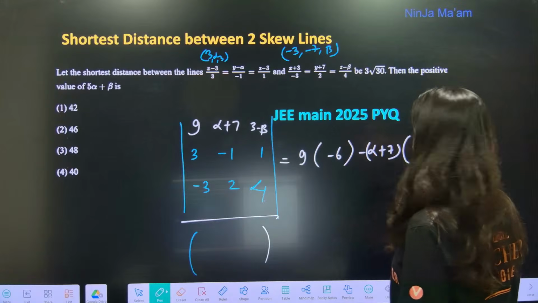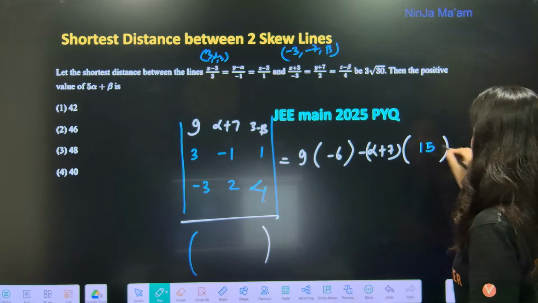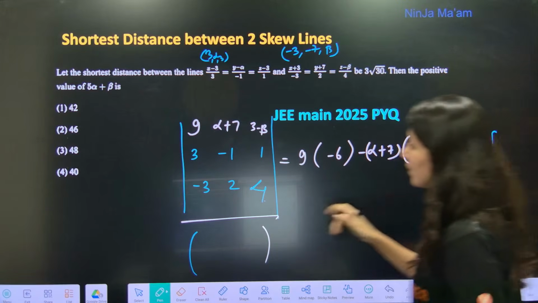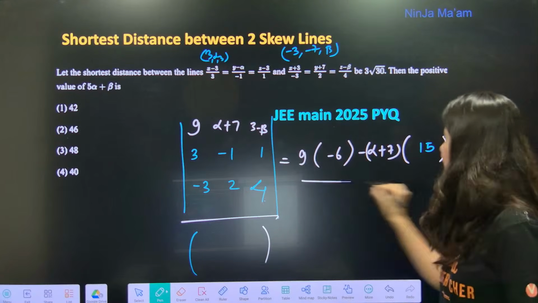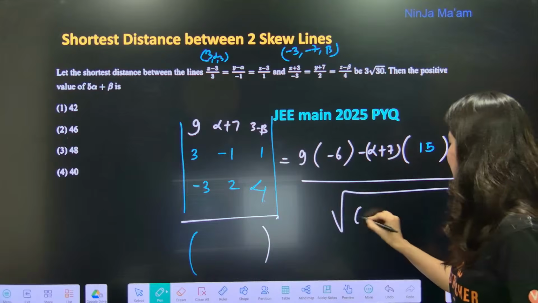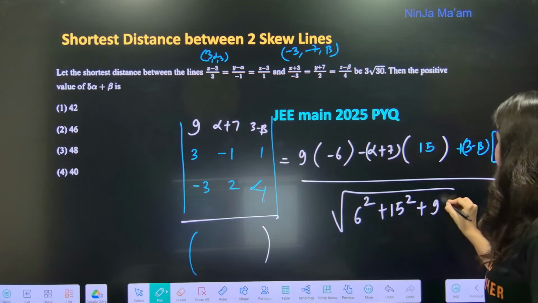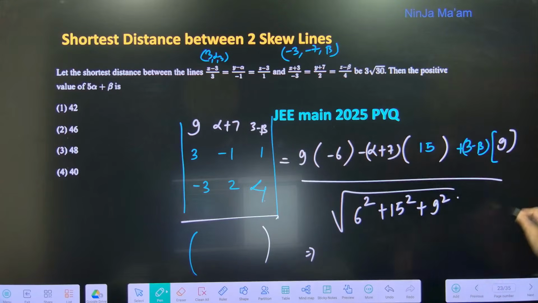So it is going to give you 3 4s are 12 plus 3, 15, and plus 3 minus beta is going to give you 3 2s are 6 plus 3, 9. And in the denominator it will be 6 square plus 15 square plus 9 square. So this is going to be minus 36, and this equals 3 by root 30. 3 by root 30.